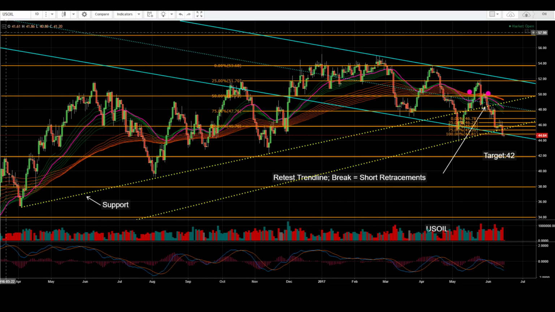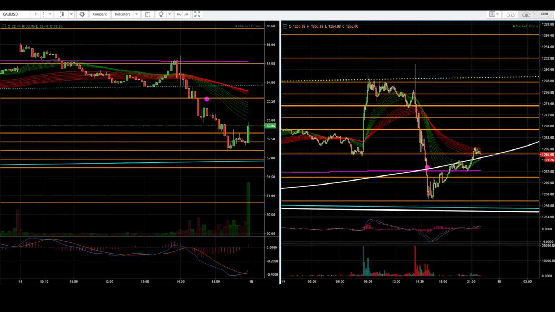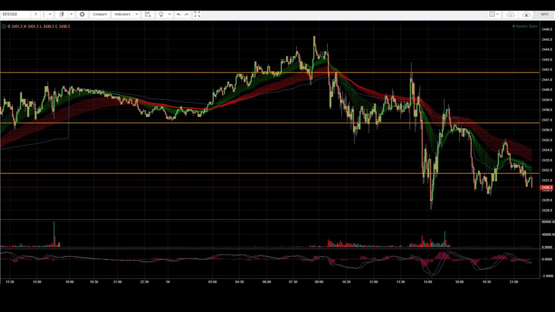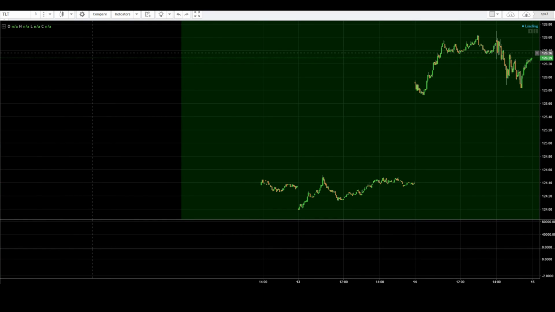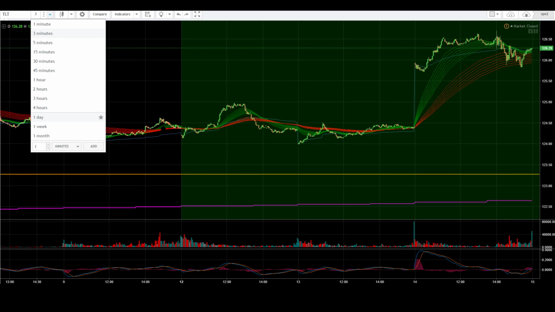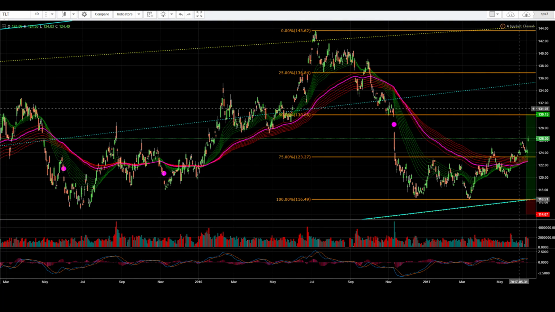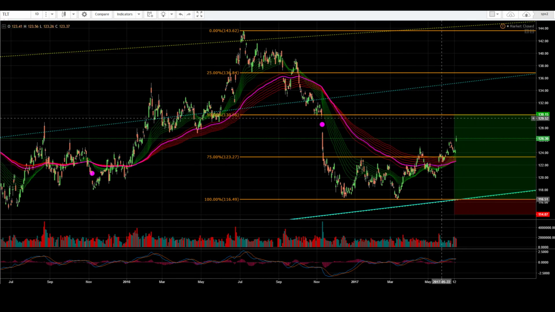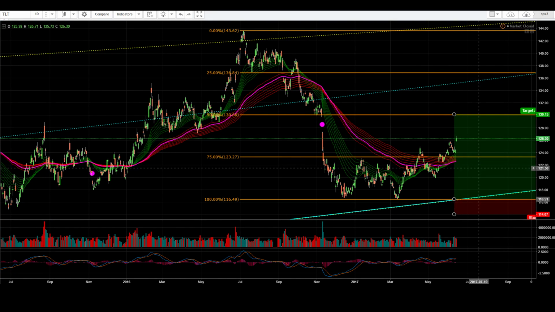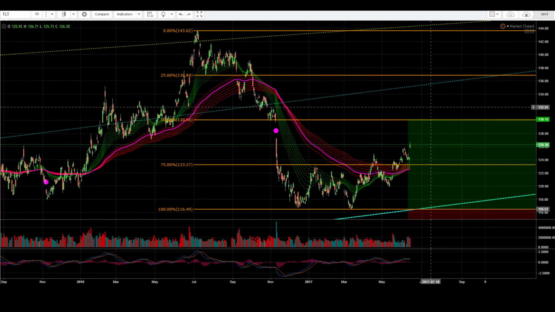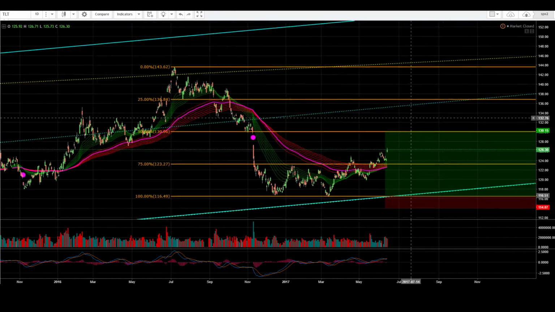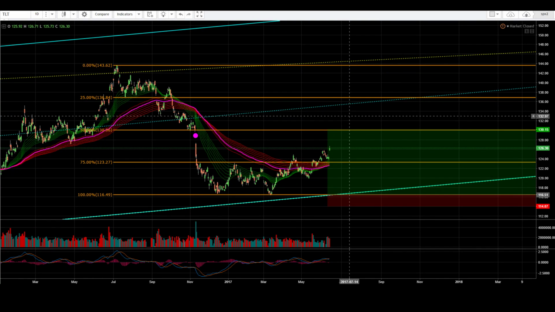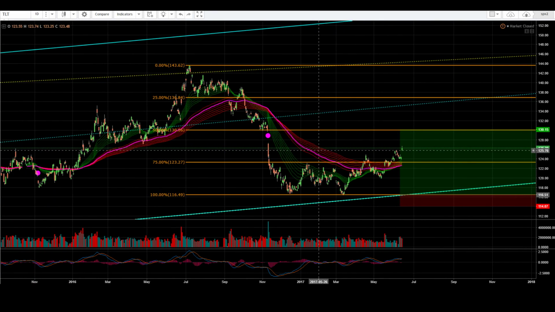Look at oil. Oil did not move. Look at TOT, up 1.5%.